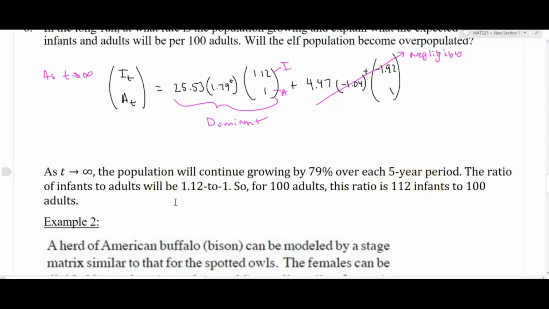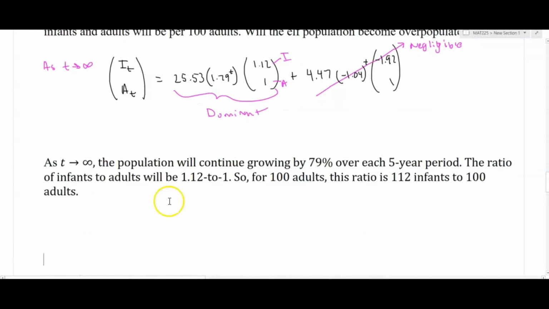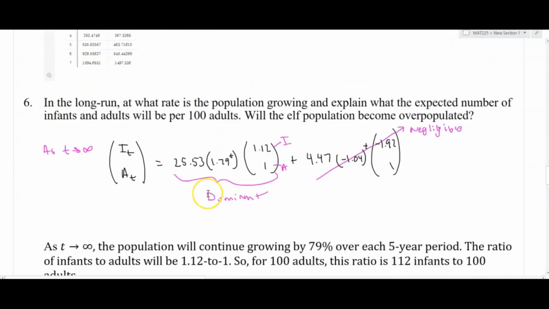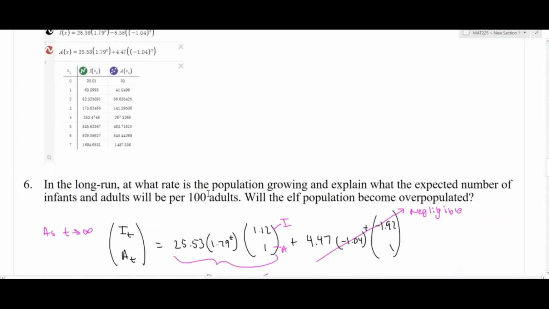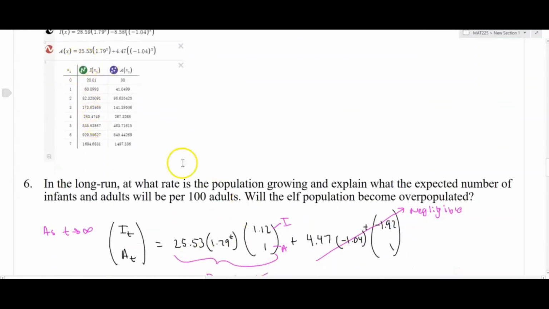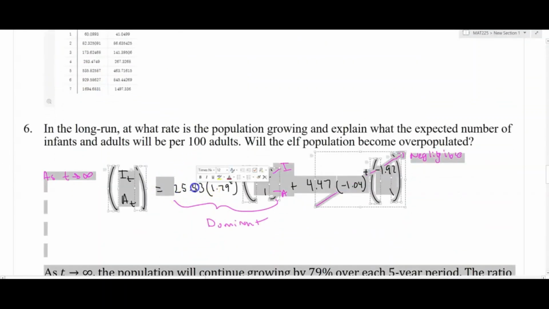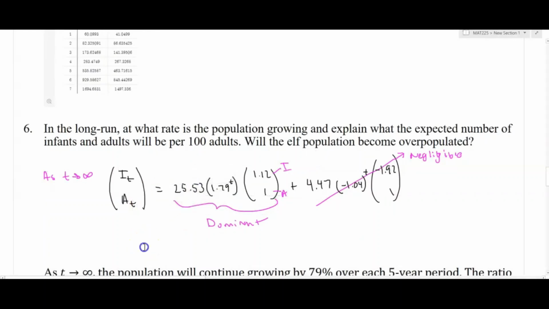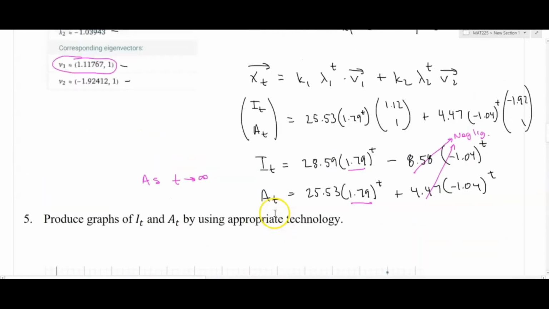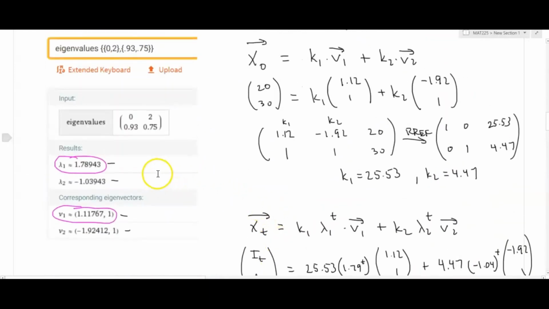Now that's a perfect long-run analysis. Now, as you're probably noticing, it's really not entirely necessary, unless you want to graph the populations over time, to calculate these values of k1 and k2. This value isn't so much important as which of these two vector equation terms is dominant. And we can basically just look at the eigenvalue and tell that right away. In fact, if we wanted to really make this problem short, we just had to look at the largest lambda and the corresponding eigenvector.